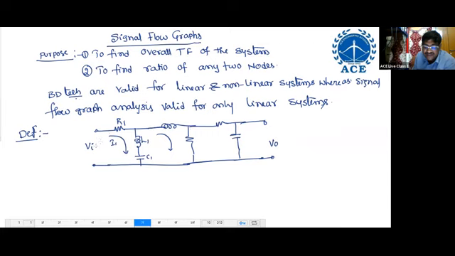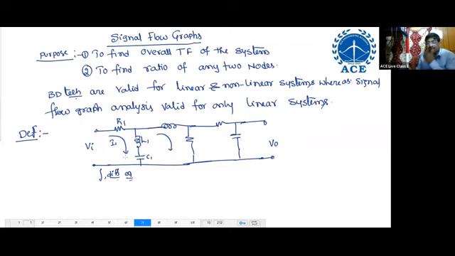Vi equals I1 R1 plus L1 dI1 by dt plus 1 by C integration of I dt, yes or no? That means it consists of integrations as well as differential equations. You will get integro-differential equations.